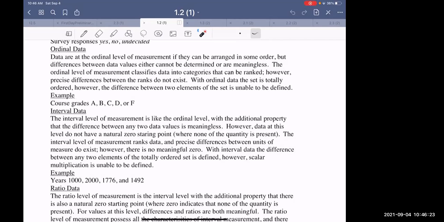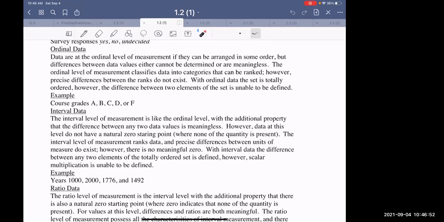But let's say the year 0. Does that mean that there was no time at that year? And the answer is no. It's just an arbitrary number, 0. So 0 doesn't mean none in this particular case.